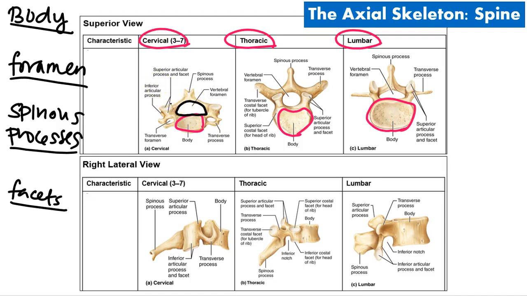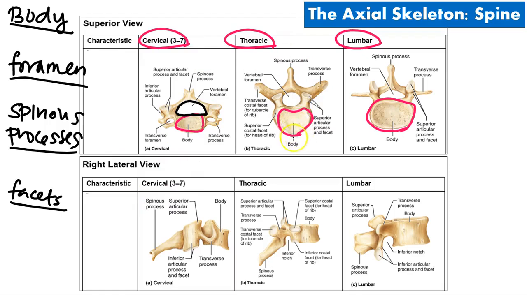So again, the body of the cervical vertebrae is going to be small. The foramen is going to be large, like a large triangle. The spinous process, as you see here, and there's a better view down here, that's going to end up being short, okay? And you also see that the spinous process is kind of split, one side and the other. Now, we're not going to focus on facets for cervical, but let's move on to thoracic.